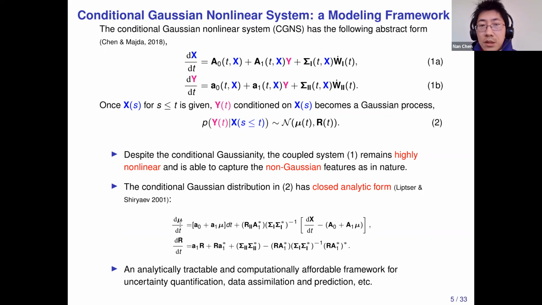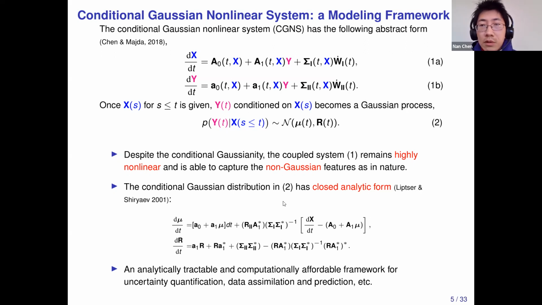So we do not need to use any complicated numerical schemes to solve this conditional distribution. Instead, the time evolution of this conditional mean and this conditional covariance can be given explicitly by all those terms related to the model. So we can use this exact and accurate scheme to solve the conditional distribution, which can avoid a lot of numerical issues if we want to solve the distribution using Monte Carlo or other ensemble-based methods.